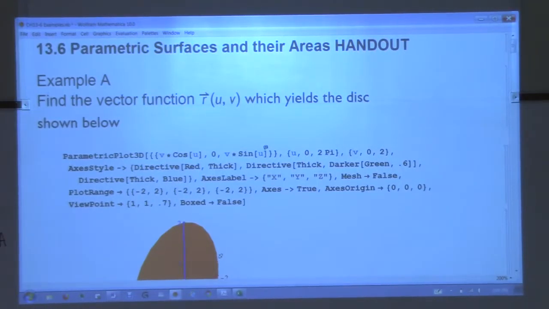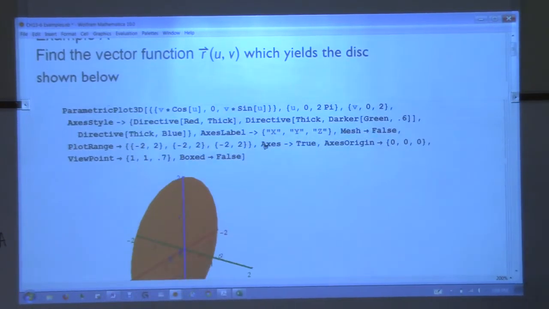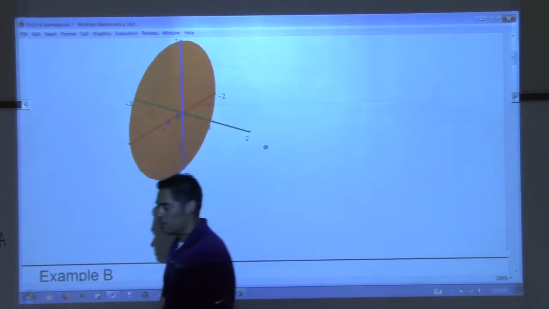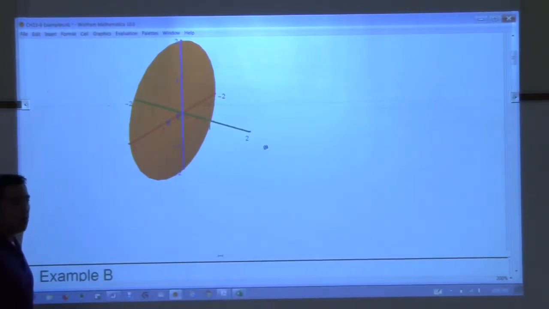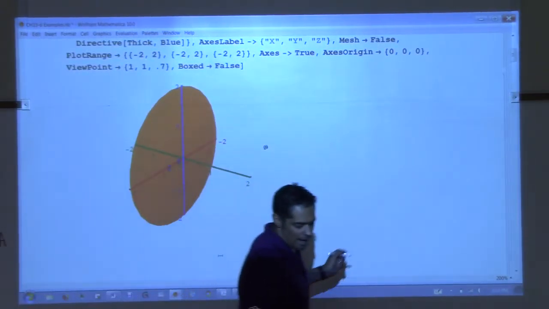All right, so here's what we're going to do. You have in front of you a document that gives you a surface, and we have to come up with the vector equation for it. In other words, we need to come up with the R of uv. For the first one, I give you a little more information than I have up here.